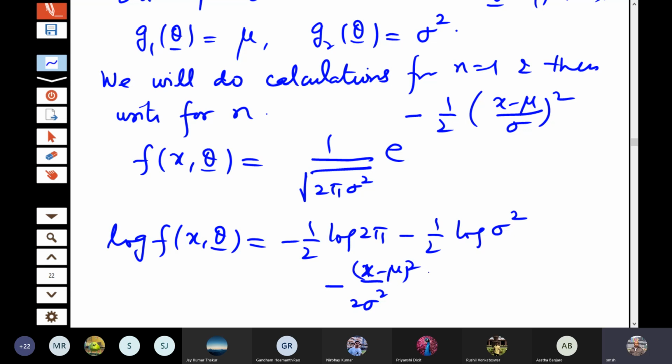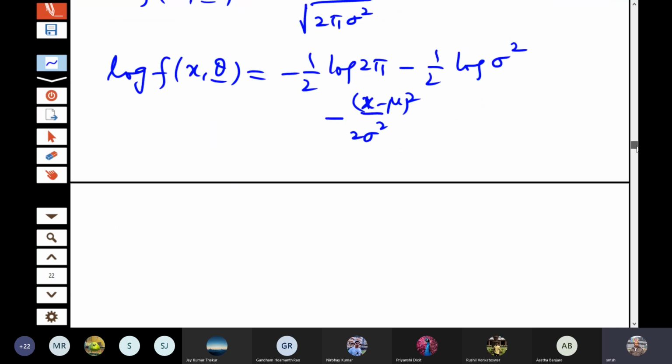So we need to consider the derivatives of this, first order and then second order, because these will be required in the information matrix. So del log f by del mu is equal to, here there is no mu in the first terms, so this will give me twice x minus mu by 2 sigma square with a minus sign. So 2 will get cancelled out. So I will get x minus mu by sigma square.